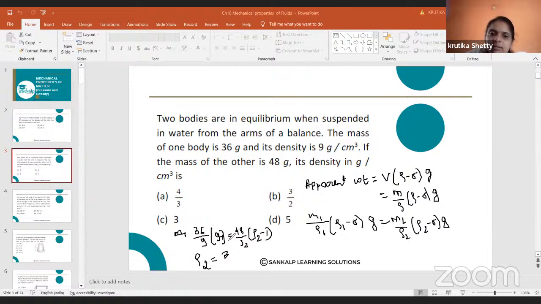It is option C. 3 is the answer, C. Simplify this, you will get the answer. Okay, let us go to the next question.